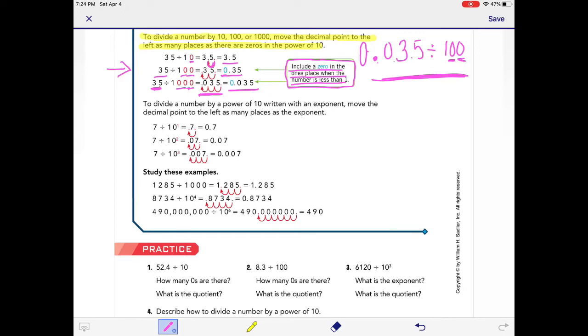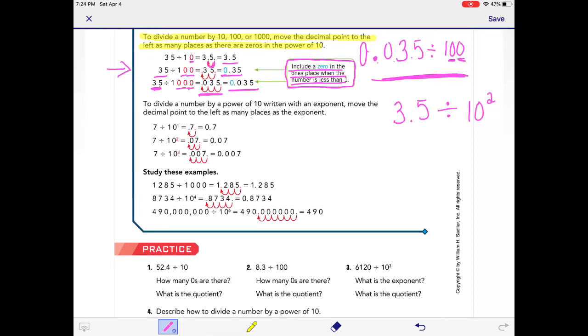All right, so that was our first part of dividing by powers of 10. If you remember back to our first lesson with multiplication, the other way we divided by a power of 10 was, let's go over on our whiteboard, if you have 3.5 and you divide it by 10 to the second power.